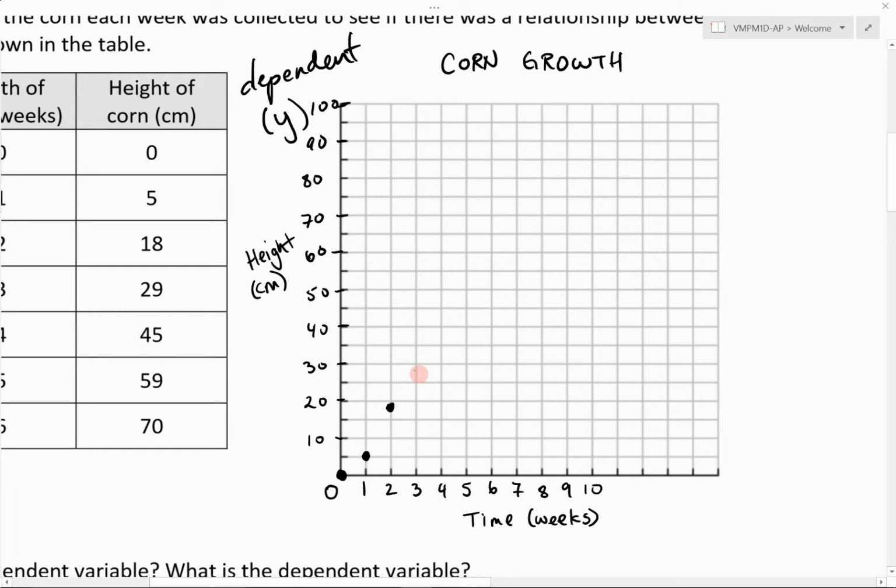So again, we're not going to have 30 yet, but just under 30. 4 and 45, so halfway between 40 and 50. 5 and 59, so another point just before 60. And 6 and 70, so here's a point at 70. Okay, so we have some points. Doesn't quite make a straight line, but it does look positive.